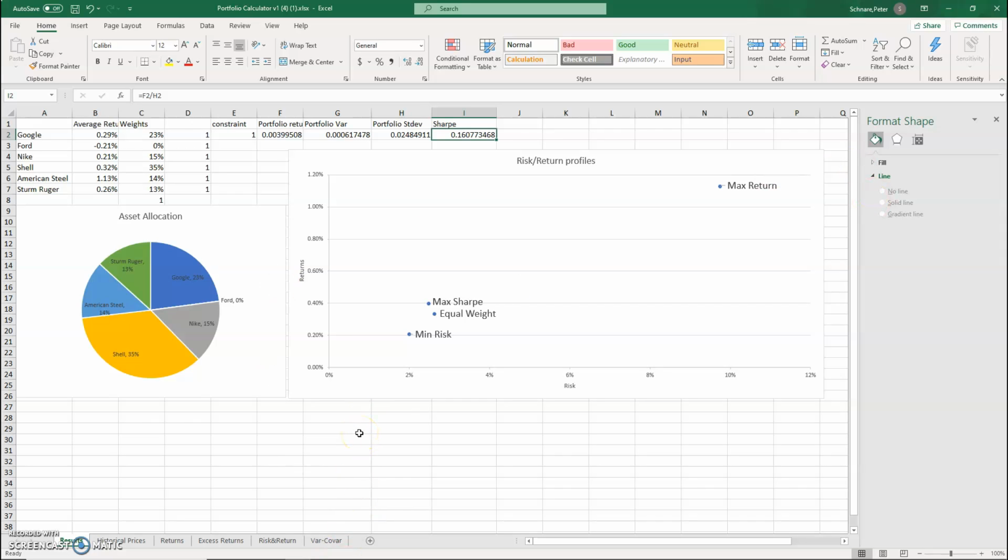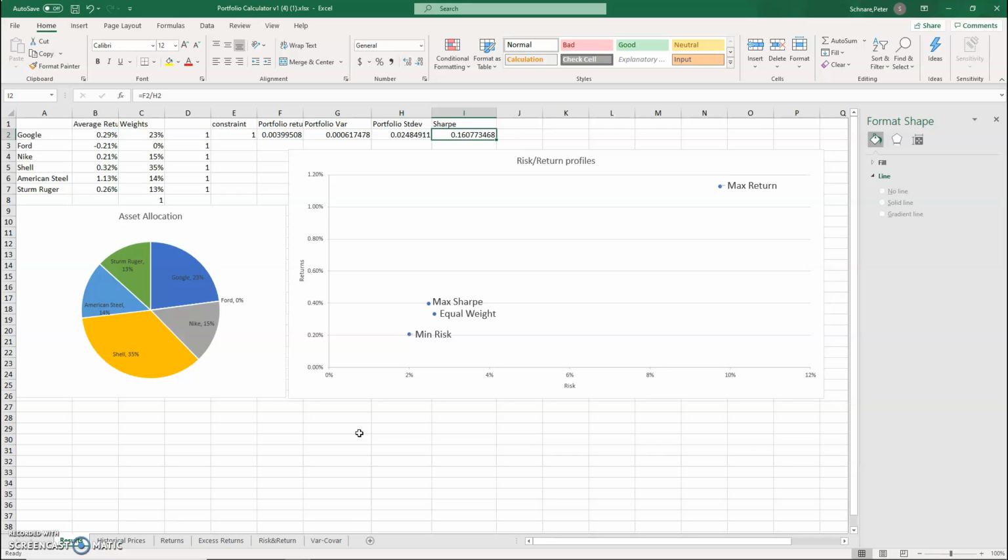And I should warn you that I am not a statistician. I am not necessarily a data scientist. I am not a financier of any kind. So there are some things I don't exactly have a perfect handle on that I have to do a lot more research on. But this is kind of a proof of concept of doing the Sharpe-Markowitz modern portfolio theory for allocation of assets in Excel.